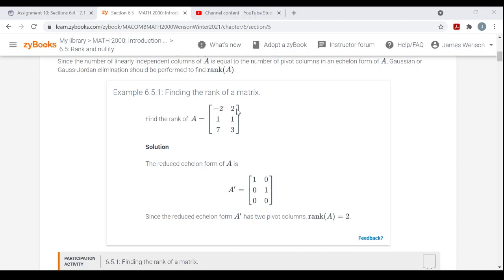So their example here is a 3 by 2 matrix, and they put it into reduced echelon form for us, and we notice there's a pivot in the first column, a pivot in the second column, so these columns of A, negative 217 and 213, those column vectors are independent. So matrix A has two independent column vectors, therefore the rank of matrix A is 2. It's that simple.